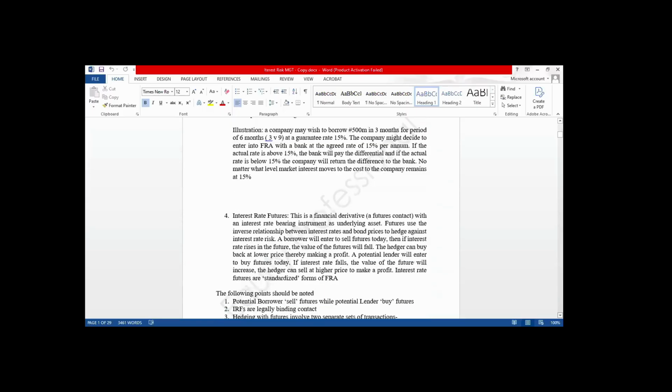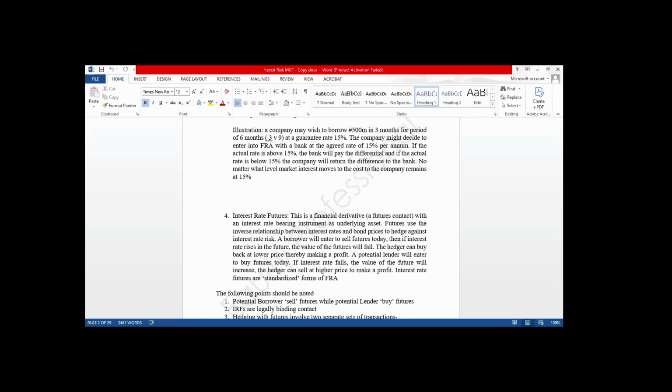We equally looked at interest rate futures, a financial derivative contract with interest rate bearing assets, bearing instruments as an underlying asset.